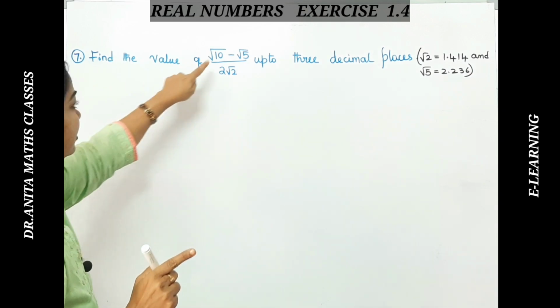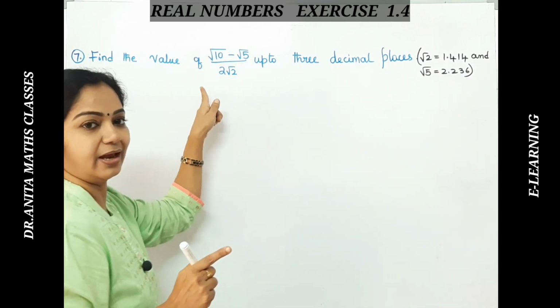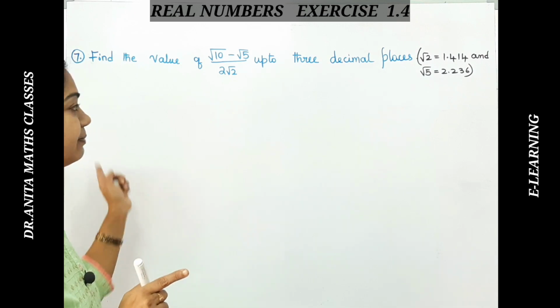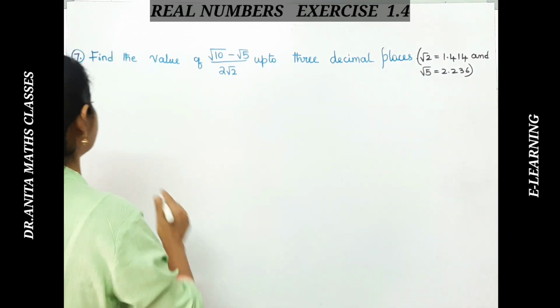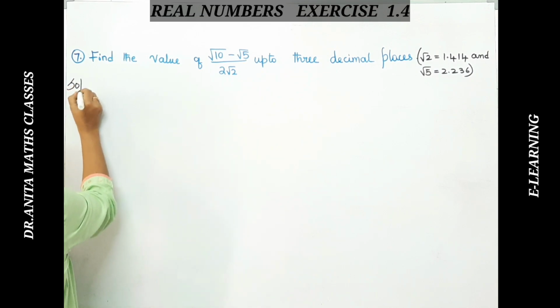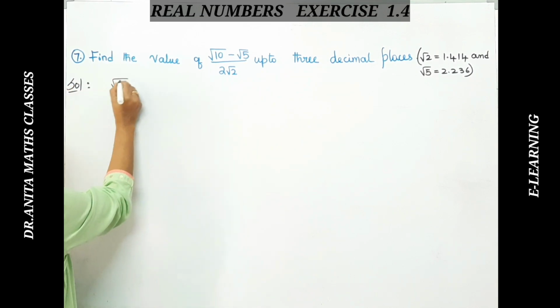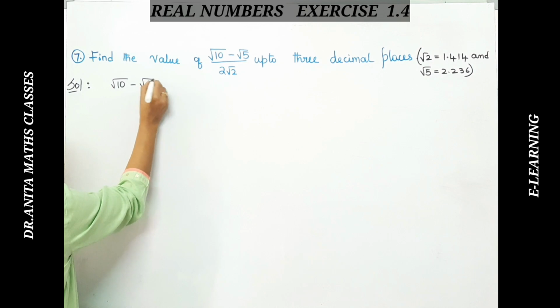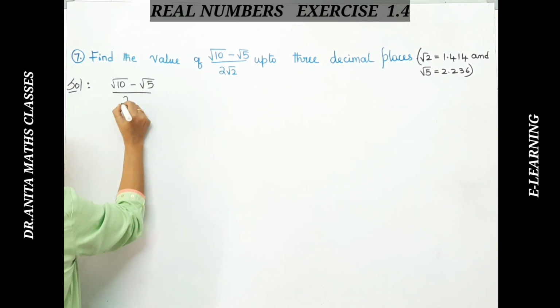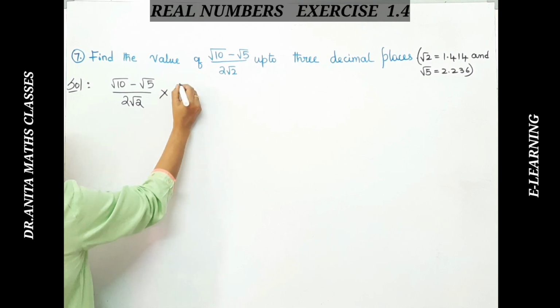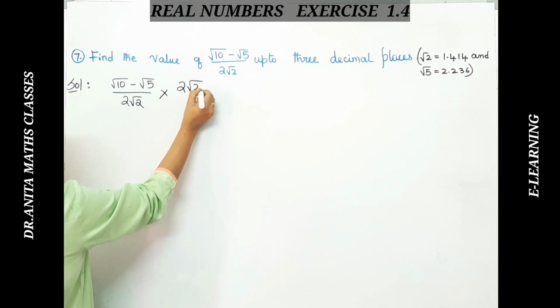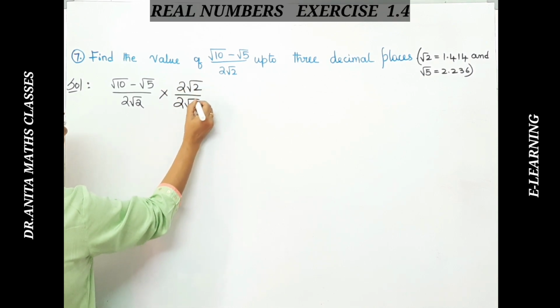Here, we have to find the value of this, and we studied in the previous session about rationalizing the denominator. We'll proceed with the same. Here we have (root 10 minus root 5) over 2 root 2. So I'll rationalize the denominator: I'll multiply and divide by root 2.